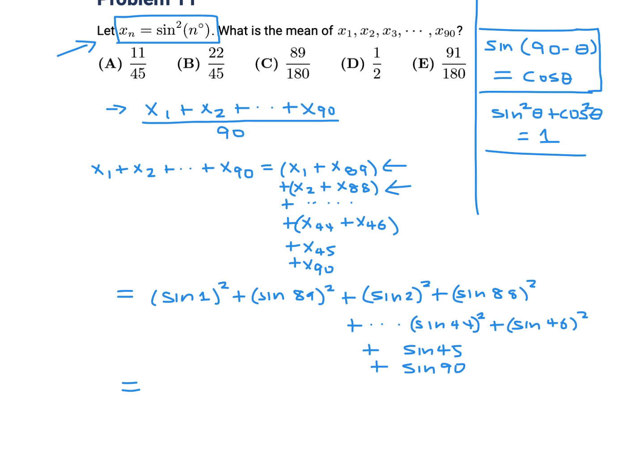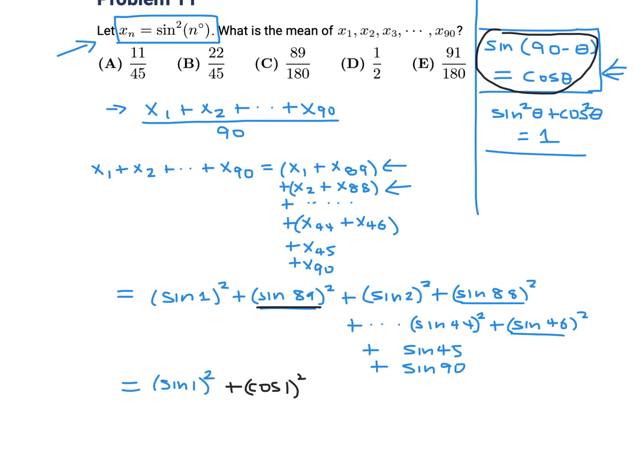Now what we do is use this identity here. Let me just think about this for a second. Yeah, that is the identity we're going to use. So sine of 1, we'll leave that alone for now, but this one, using that identity, sine of 90 minus theta would become cos of 1, right?